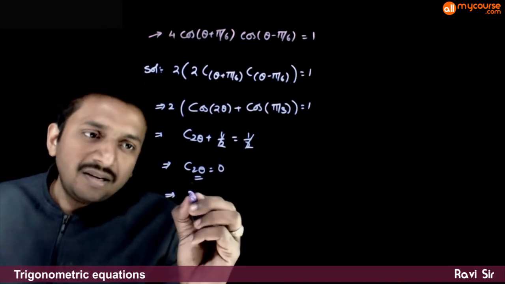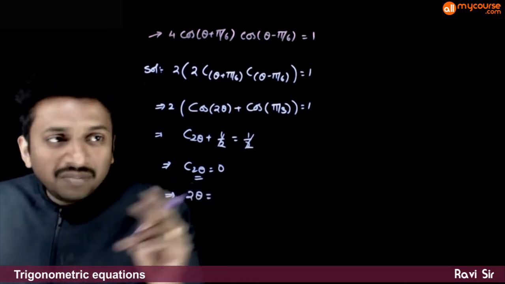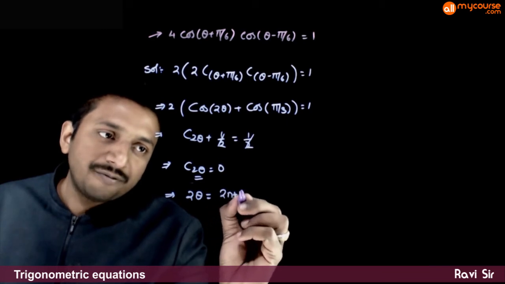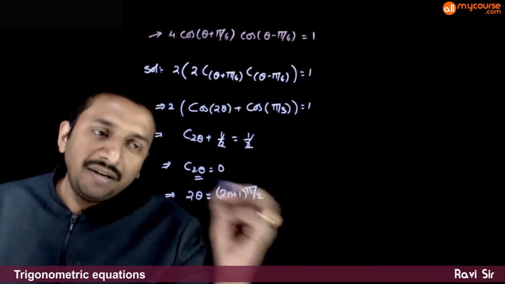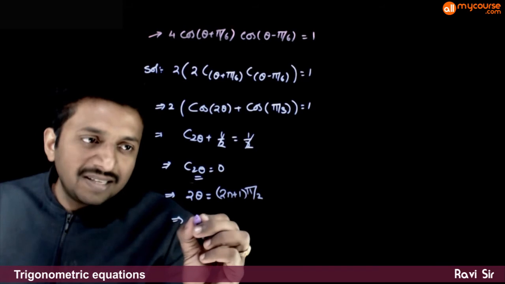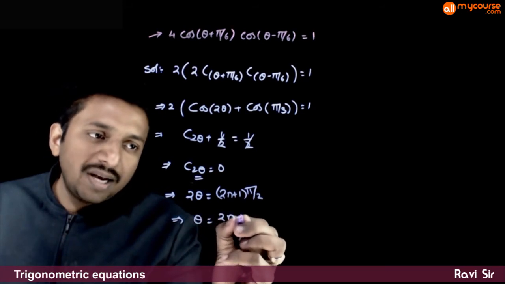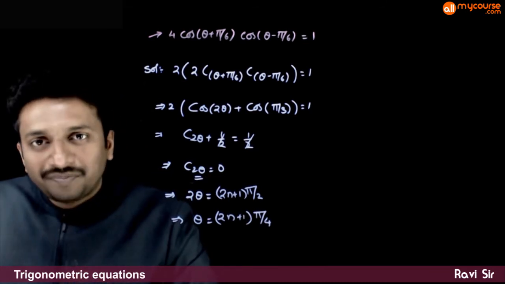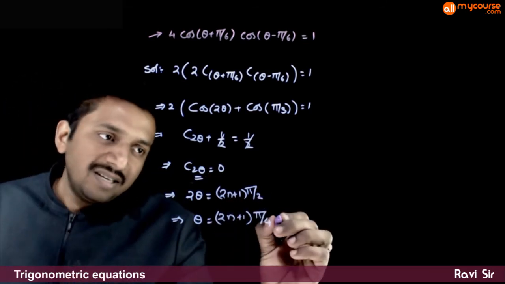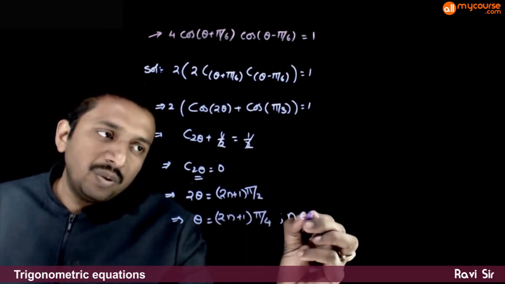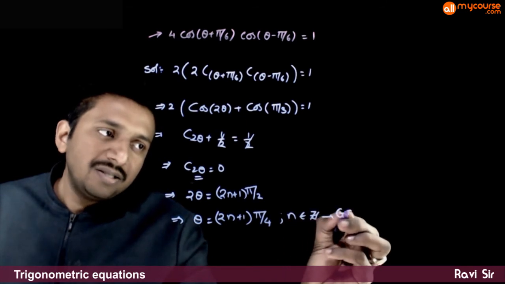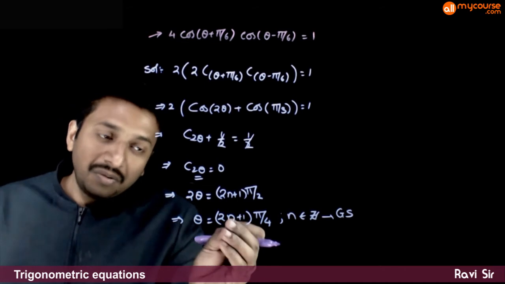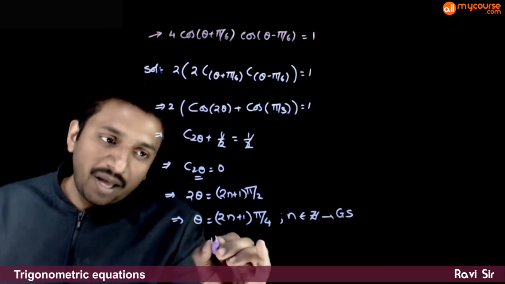This implies 2 theta is equal to, corresponding to 0, we have already derived, odd multiples of pi by 2. So theta is equal to (2n plus 1) times pi by 4, where n belongs to integers, is the general solution of this equation. If you want the principal solutions, you can put n is equal to 0, you get pi by 4.